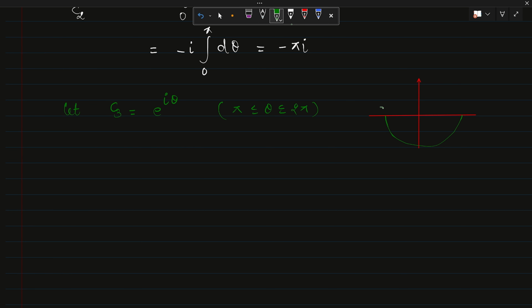This is our unit circle and this particular value is -1, this value is 1. तो इसका ओरिएंटेशन क्या हुआ? क्योंकि यहाँ पर वैल्यू थी पाई और फिर पाई की वैल्यूज बढ़ के 2 पाई तक जा रही है. So this is the orientation.